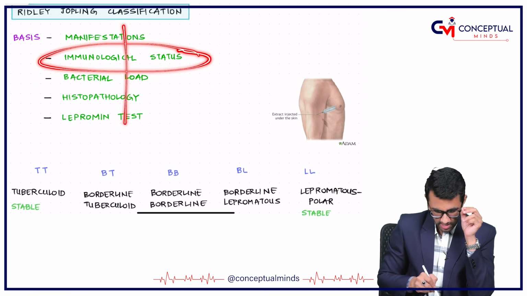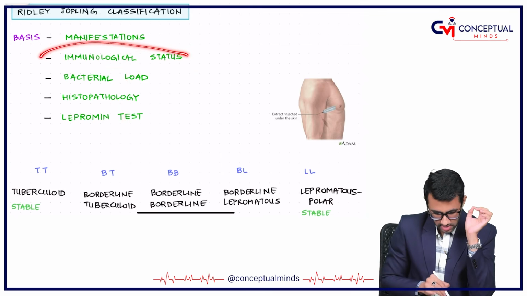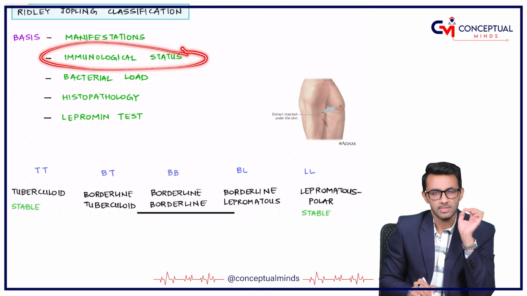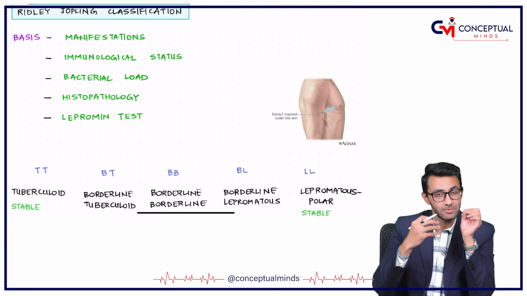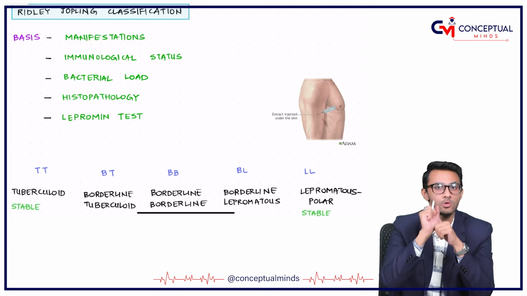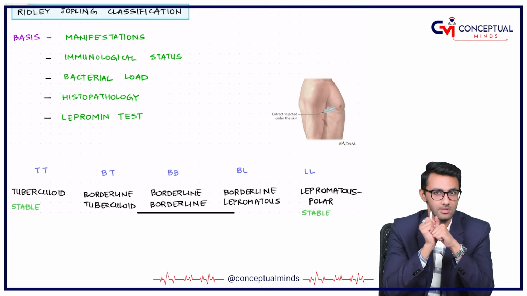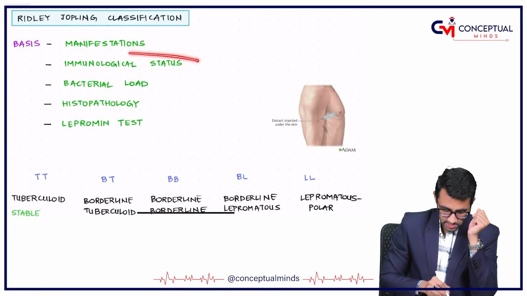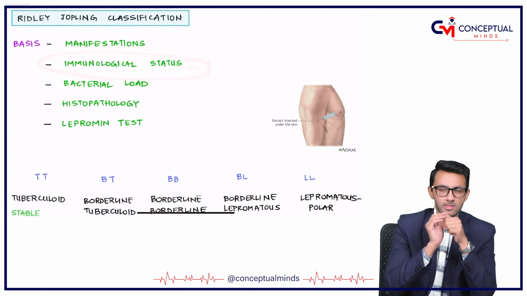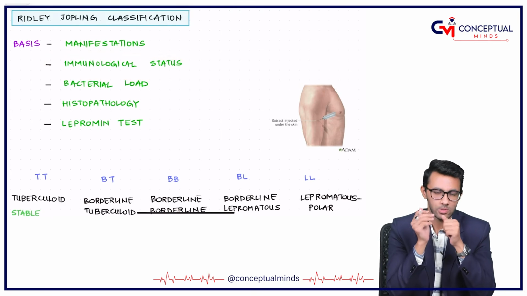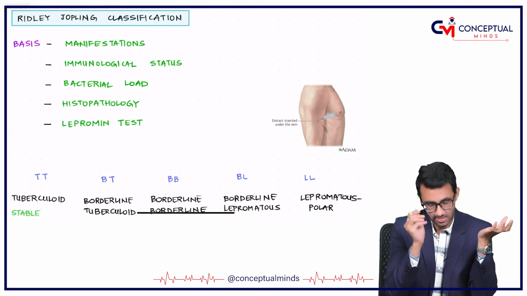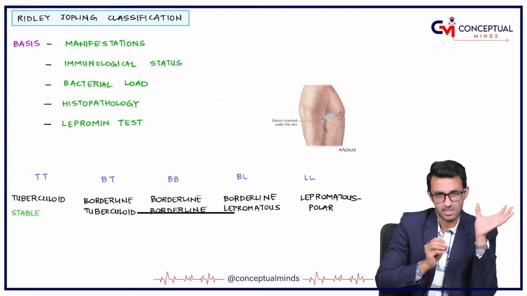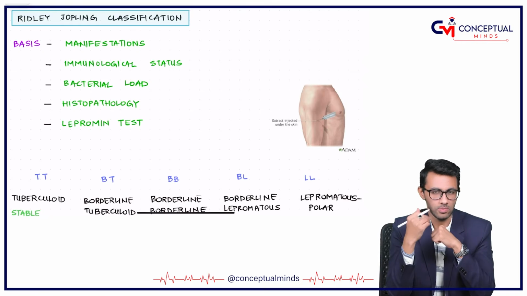Of all of this, if you ask me which is the most important, I would say the immunological status: how well the patient's immunity has been responding to the offending agent. If the patient starts at TT, this is the one which has the best response from the body.